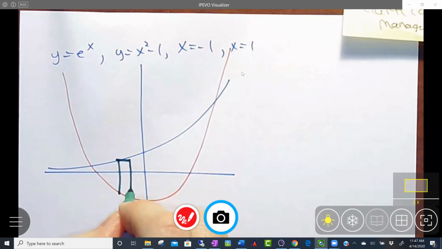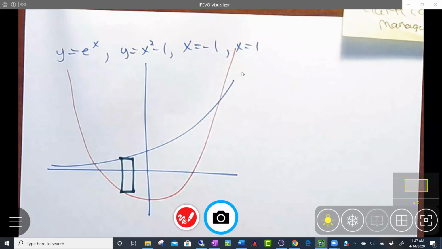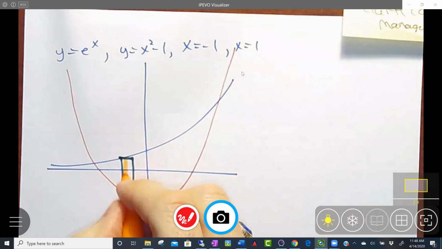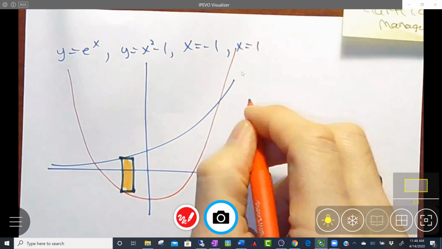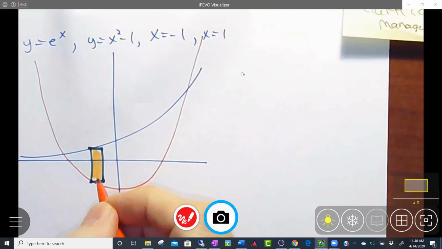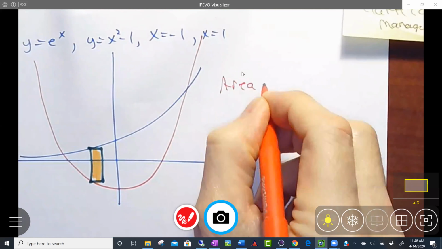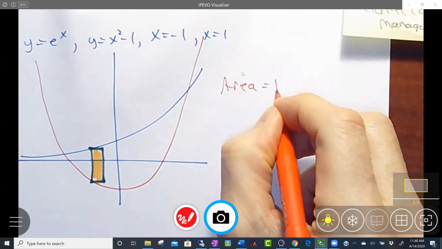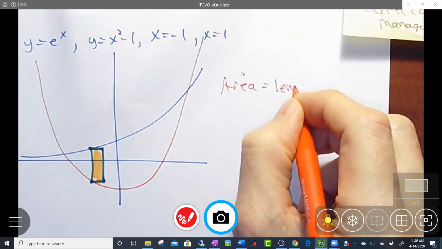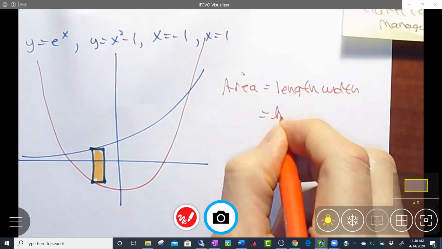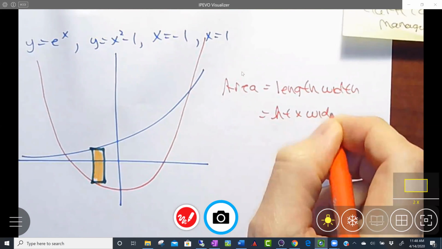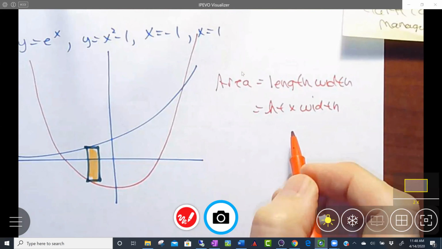What I like to do, and in fact, if you watch my video on this section, you'll see it, is start out with a slice through this interval and figure out what the area of that one slice is. So this is a rectangle. Area of a rectangle is length times width, or you could say the height times the width.